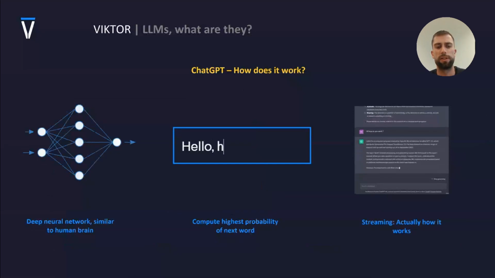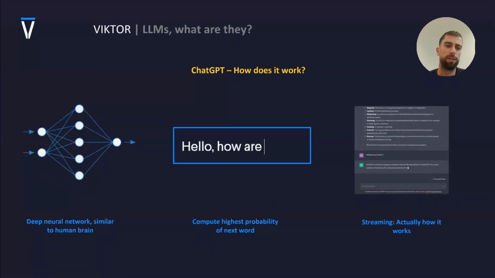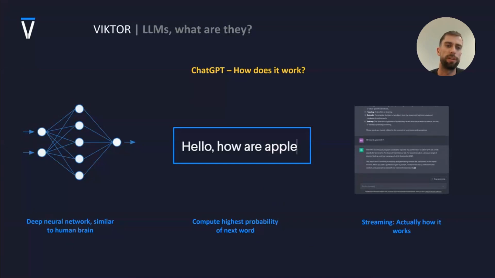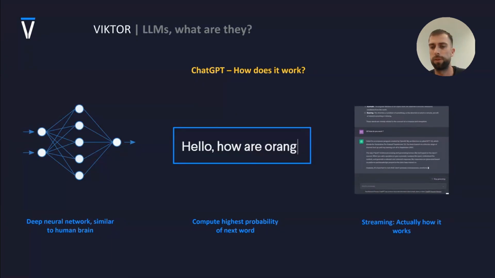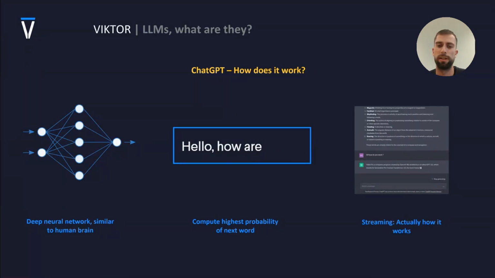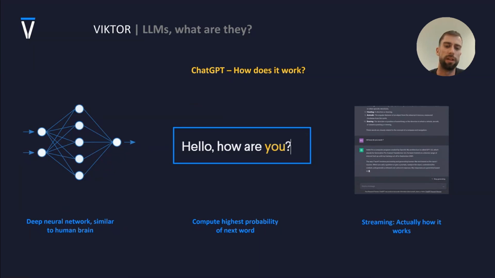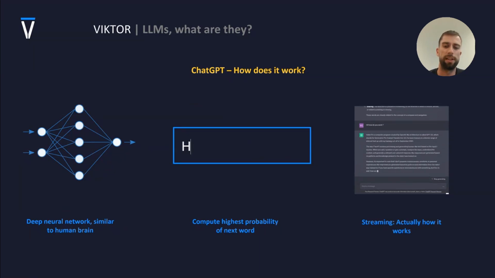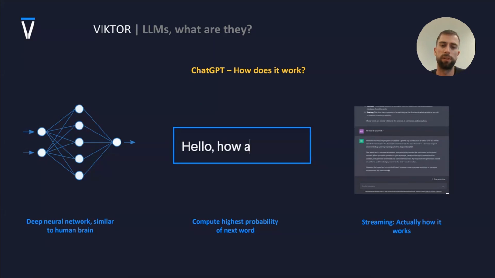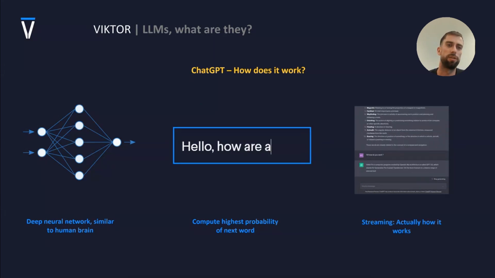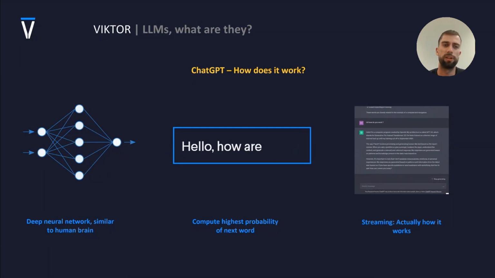So how it works, it actually works very much similar to how a human brain works. It's a deep neural network. Without going into too many technical details, it's basically billions of parameters that have connections to each other and are related in a position towards each other.